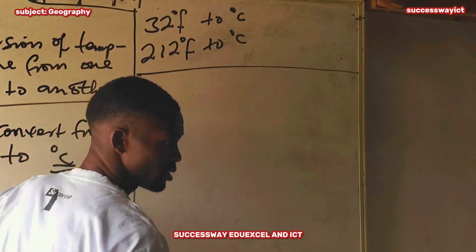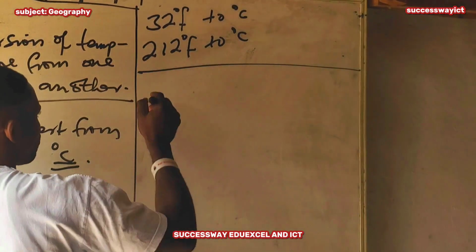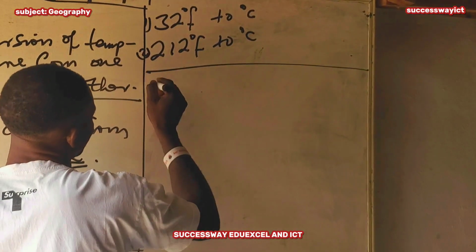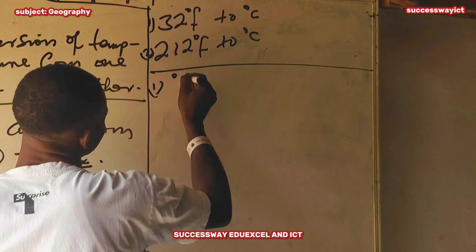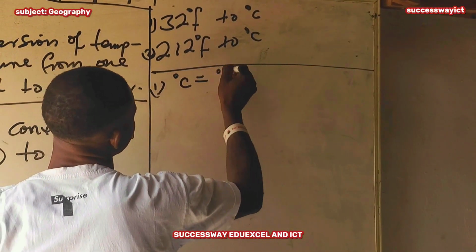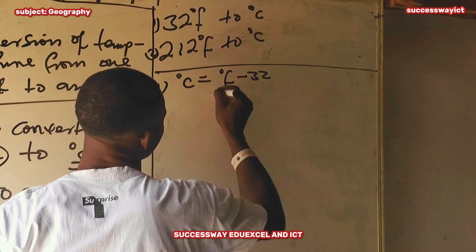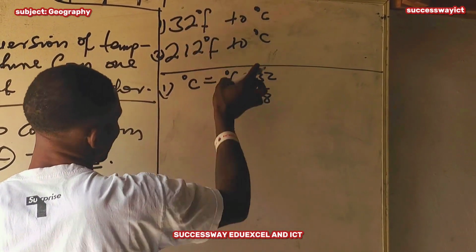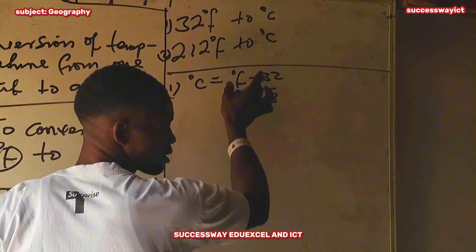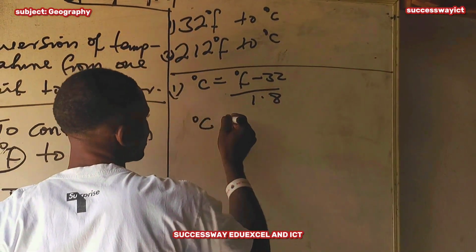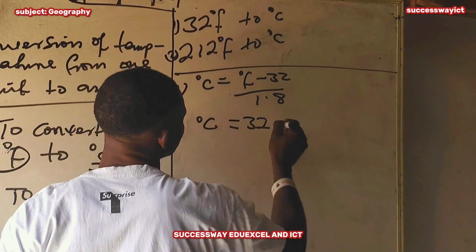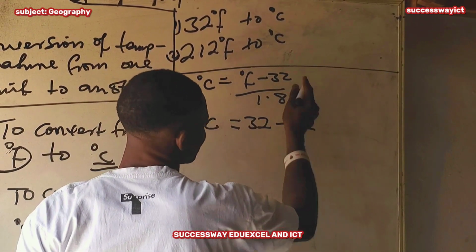Because of our time, please. We say that this is number 1 and this is number 2. For number 1, degree centigrade equals degree Fahrenheit minus 32 over 1.8. Then we substitute the Fahrenheit value. The Fahrenheit for number 1 is 32, so 32 minus 32, over 1.8.